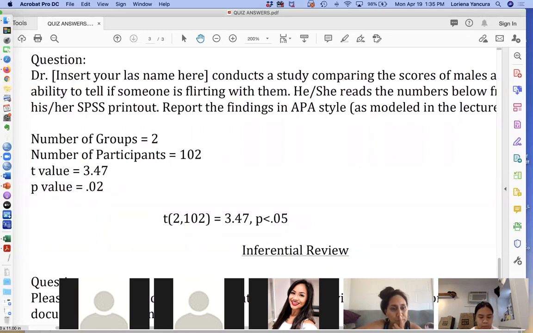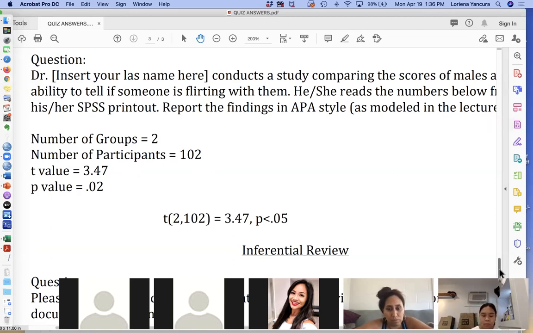So when you report APA values, you need to look at a couple things on your printout. And I would just always keep these notes open when you're doing your papers. So the number of groups is 2, which we can also tell from the words. There's males and females. The number of participants, that's just N. And then my t-value, which came from the printout, and my p-value is 0.02.